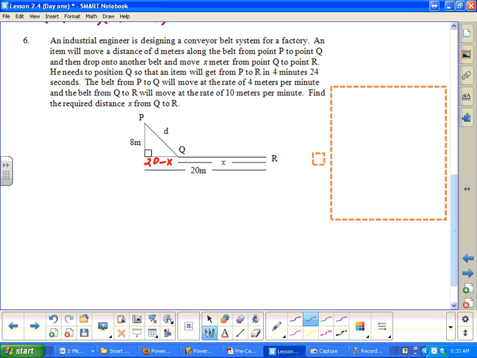So then, we have a right triangle. What's the one thing that we use with right triangles quite often? Okay, the Pythagorean theorem. So we can use the Pythagorean theorem to find d as a function of x, okay? Because d squared is equal to 8 squared plus (20 minus x) squared.